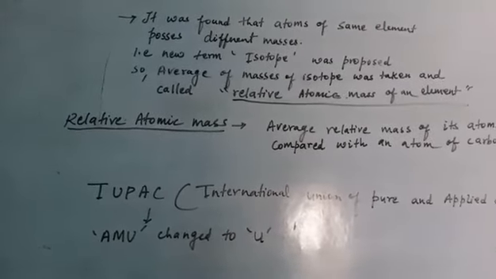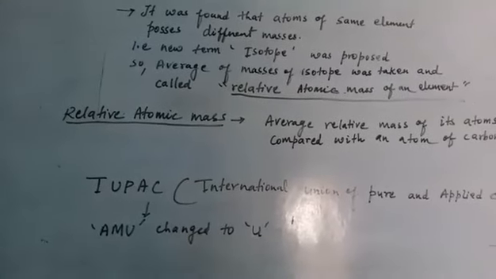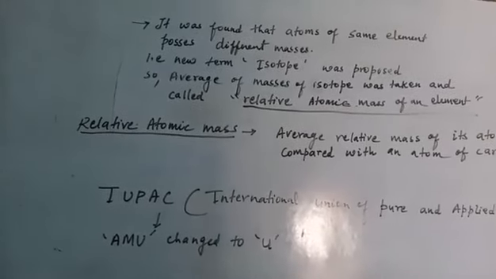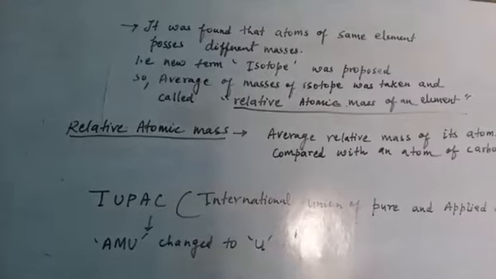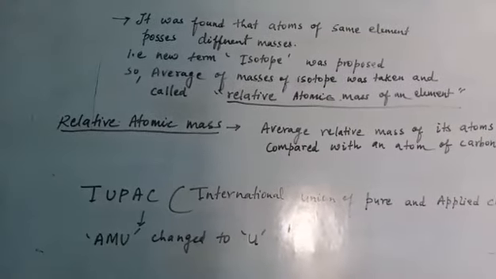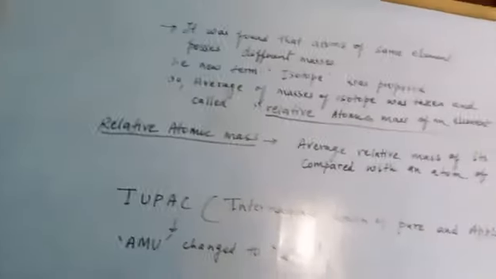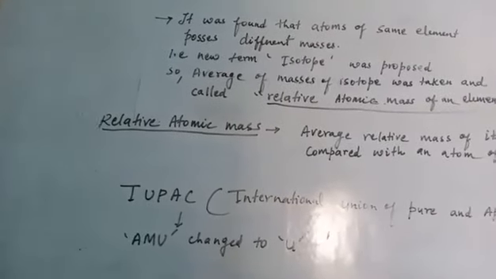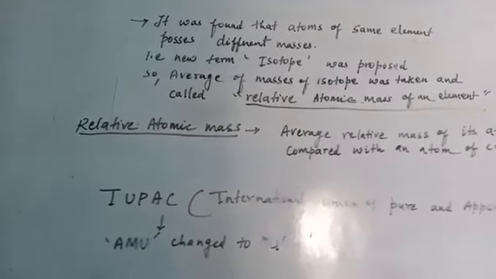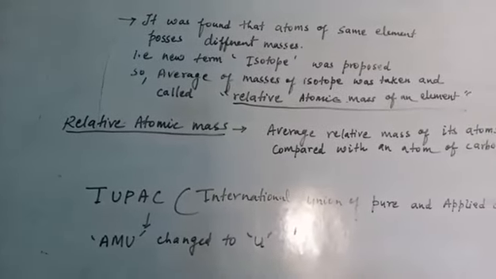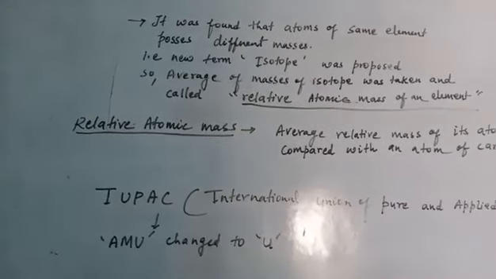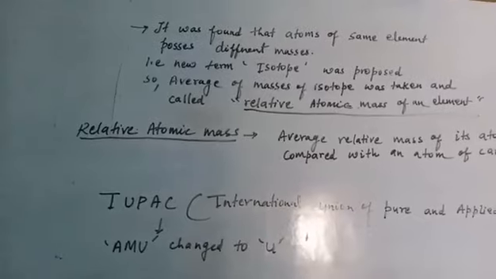So how to then calculate the actual mass of one atom of chlorine? It was very difficult. So a new term was proposed, that is isotope.